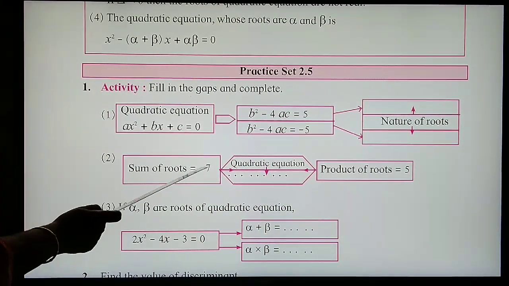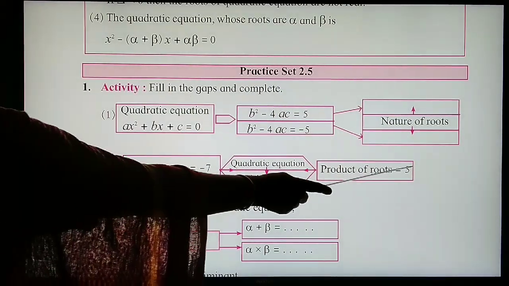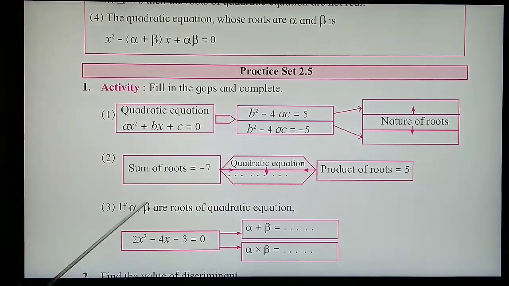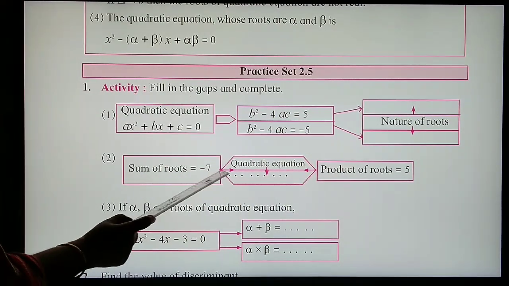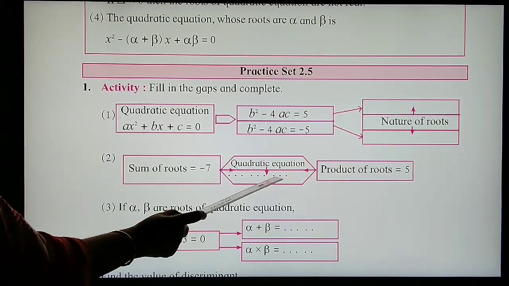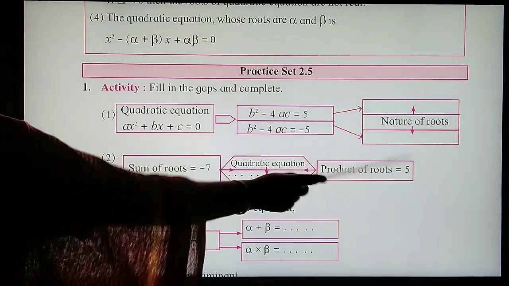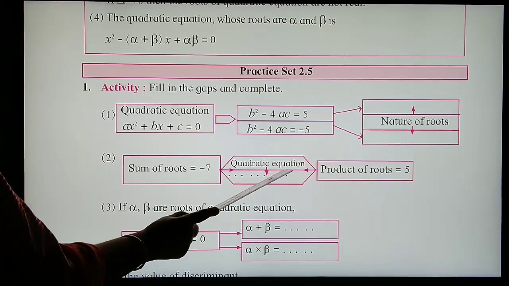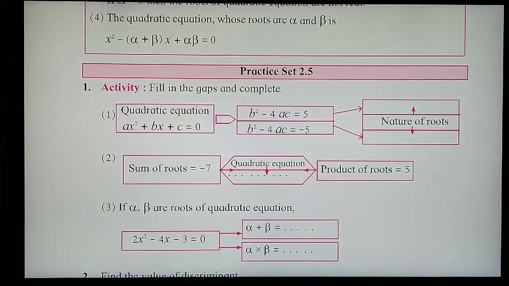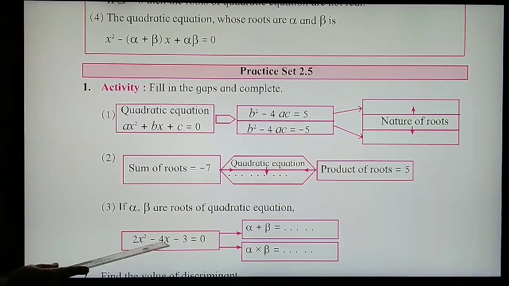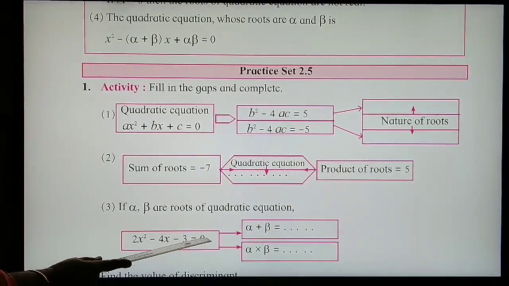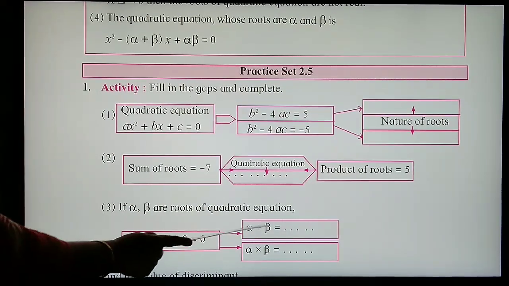Now the sum of the roots is minus 7 and the product of the roots is 5. So we form the equation x square minus alpha plus beta, that is plus 7x, plus alpha into beta, 5. So x square plus 7x plus 5 equal to 0. Now see the third. If alpha and beta are roots of the quadratic equation 2x square minus 4x minus 3 equal to 0, write the value of alpha plus beta.